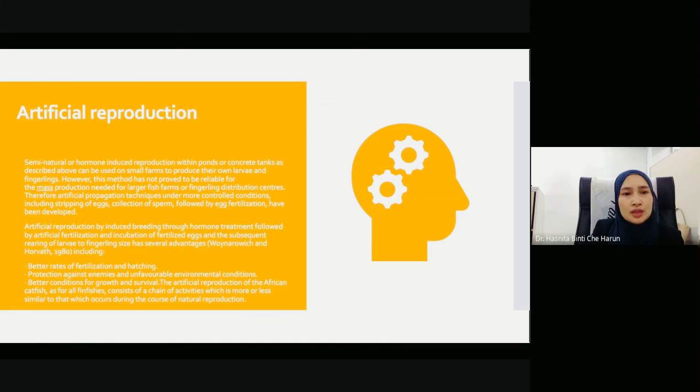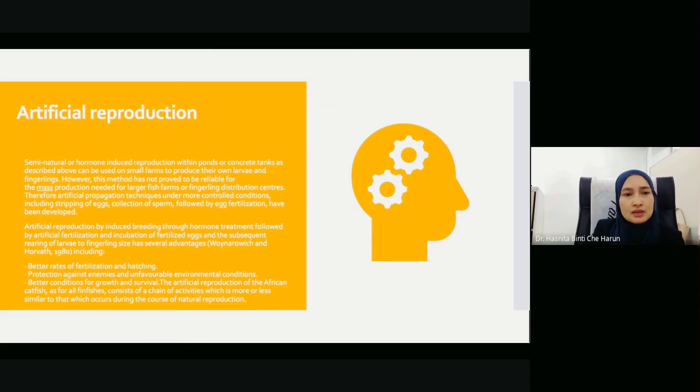The artificial propagation technique is a more controlled condition, and you need to strip out the eggs. You need to collect the sperm and then put them together for the fertilization process and development of the eggs.